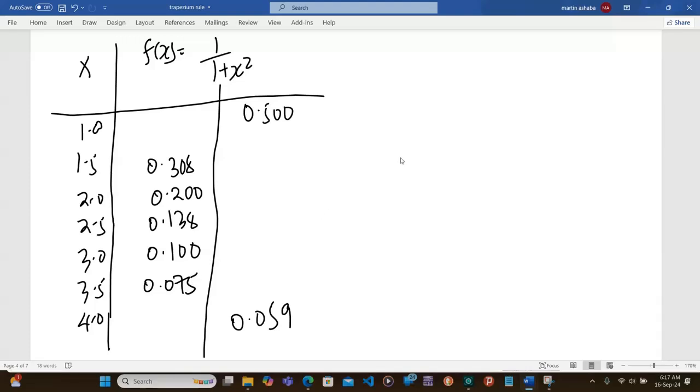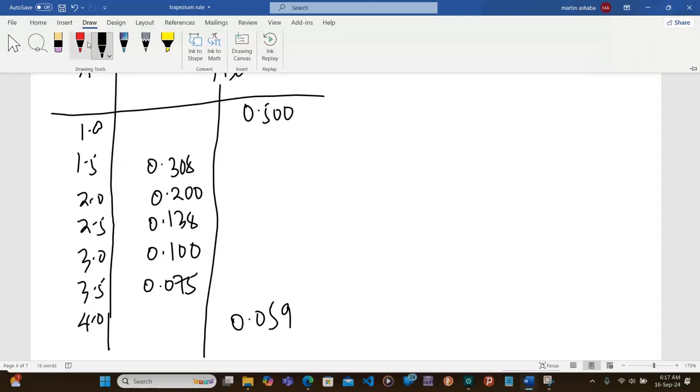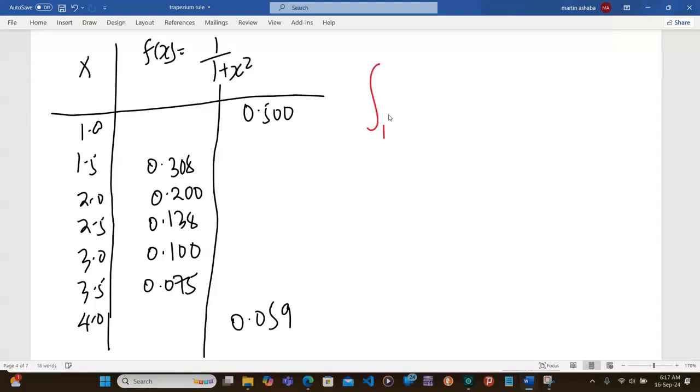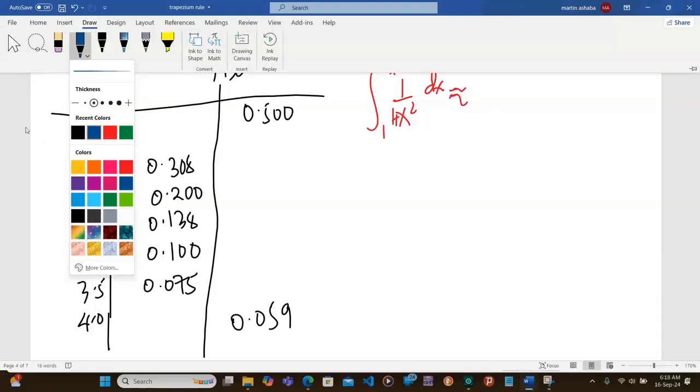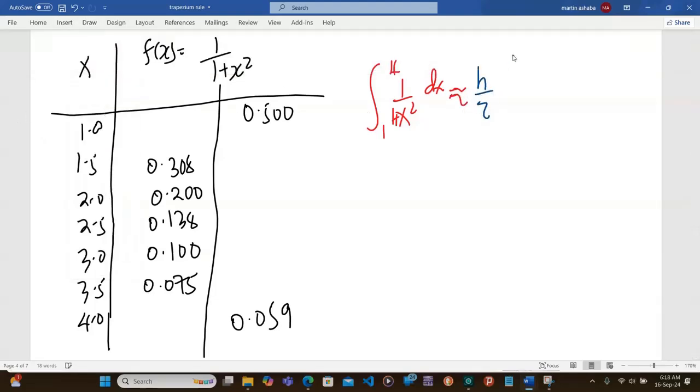So from that, I'm going to get the integral from 1 to 4 of 1 out of 1 plus x squared with respect to x approximately equal to h out of 2 into f of x naught plus f of xn, plus twice the sum of f of xi from i equals 1 up to n minus 1.